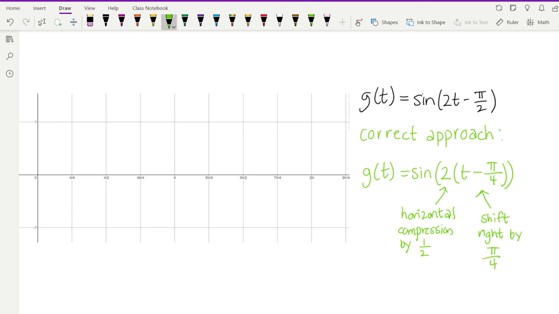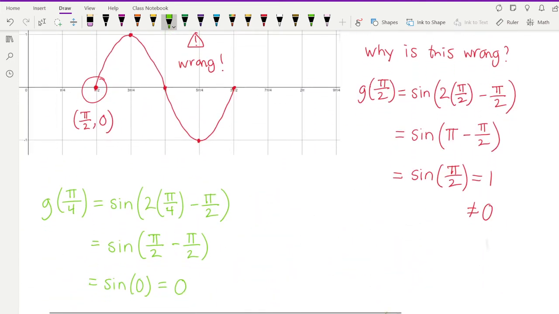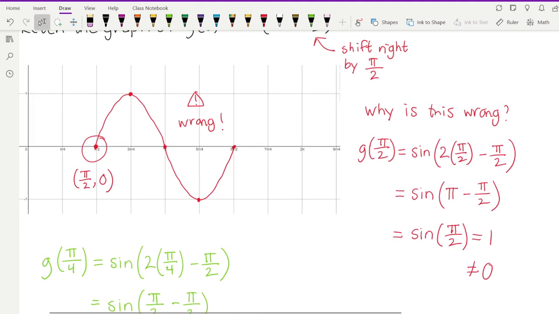And so again, why does that work? It's because you can go back to plugging the number in, right? Because you're multiplying t by 2, in order to get 0 inside of the sine function, which would correspond to the original point on the normal sine function, right?